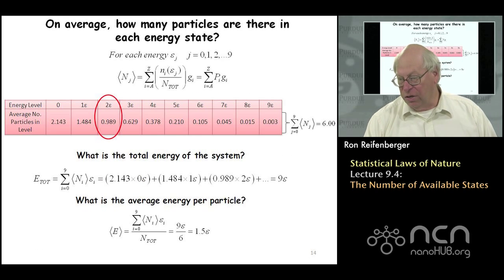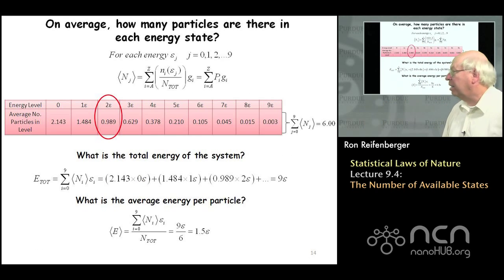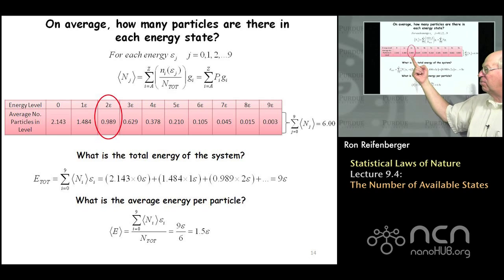I just list the results in this table. Here's the 0.989 that we just worked out in detail. These are the occupation numbers: what is the total number of particles in each energy level? And of course, we go from the 0 energy level all the way up to 9 epsilon. That defines our system.